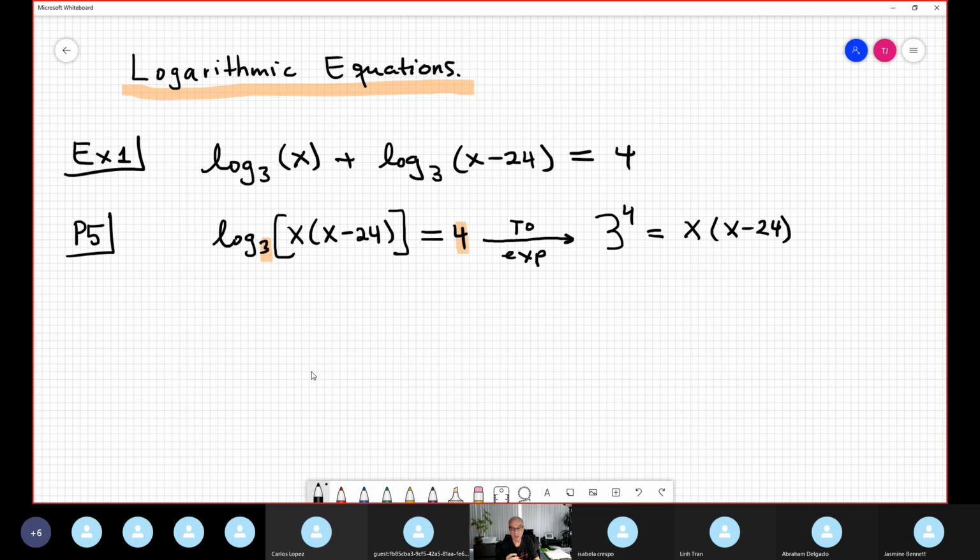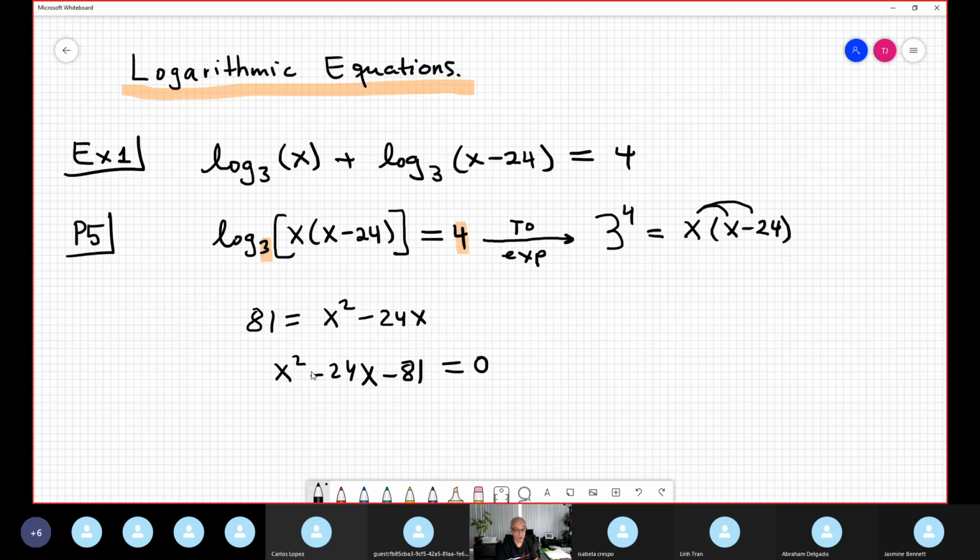Now easy. 3 to the 4th power is 3 times 3 times 3 times 3, which is 81. So far we have 81 equals, why not distribute the property here? There is no reason to have that parenthesis: x squared minus 24x. This looks like a quadratic equation. Let's solve it: x squared minus 24x minus 81 equals 0.